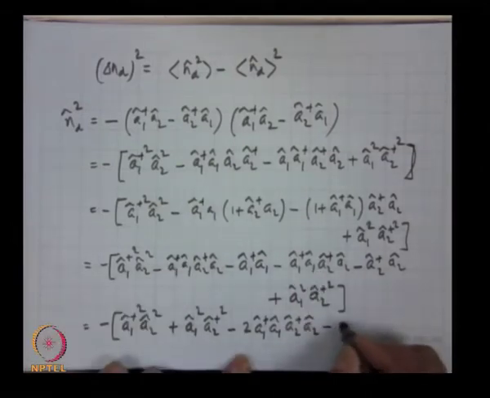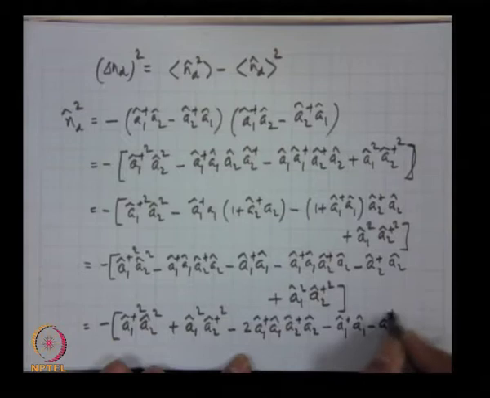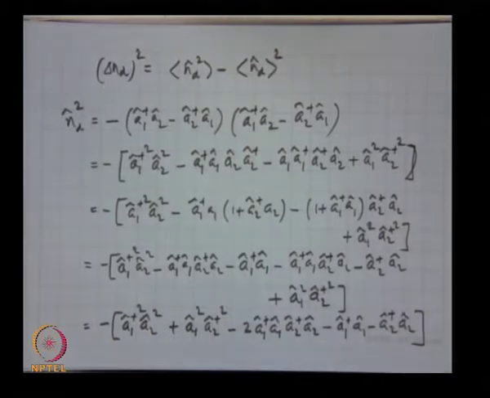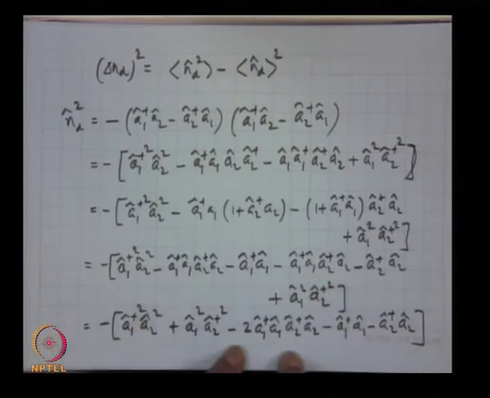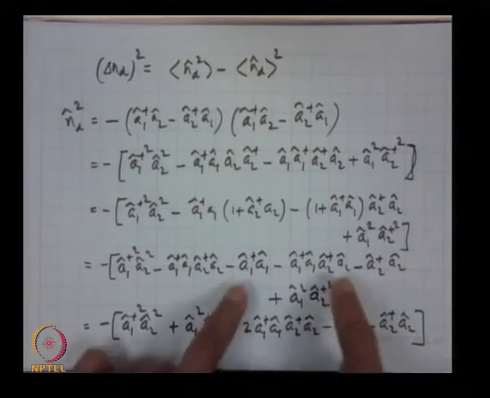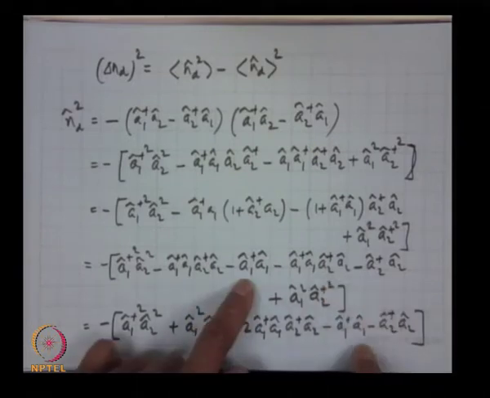Then I have minus A1 dagger A1 minus A2 dagger A2. These two are identical terms, so minus 2 A1 dagger A1 A2 dagger A2 minus A1 dagger A1 minus A2 dagger A2.